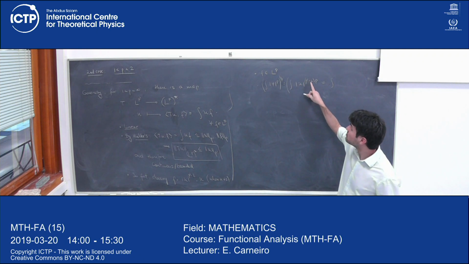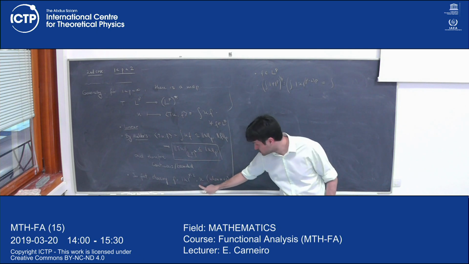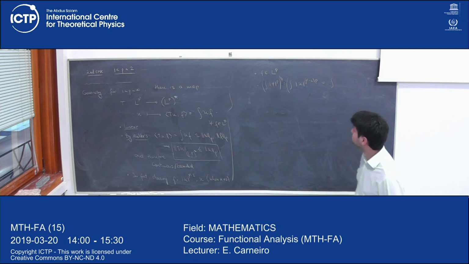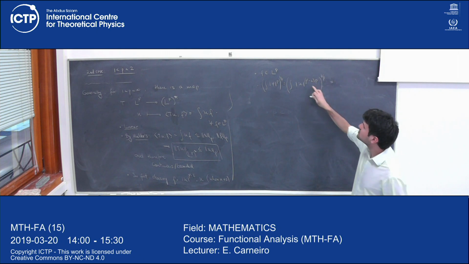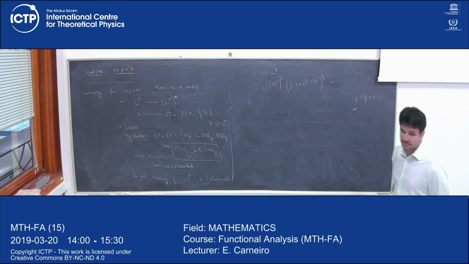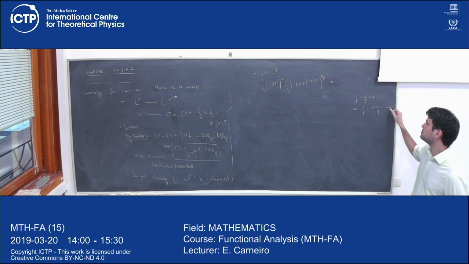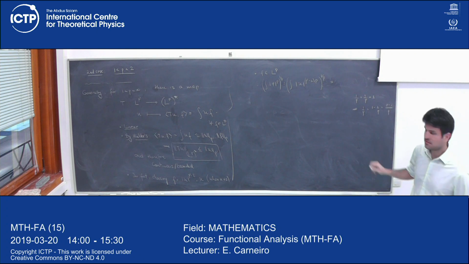Let's compute the L^p norm of f. It is the integral of |u|^(p prime minus 1) times u, raised to the 1 over p. But how much is the exponent inside? Since 1 over p plus 1 over p prime is 1, 1 over p prime is 1 minus 1 over p, which is p minus 1 over p.